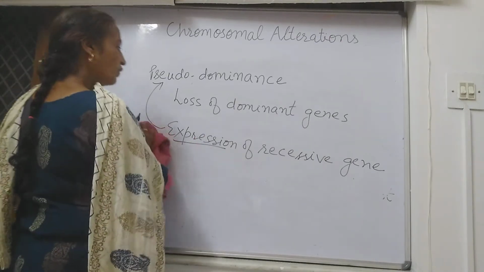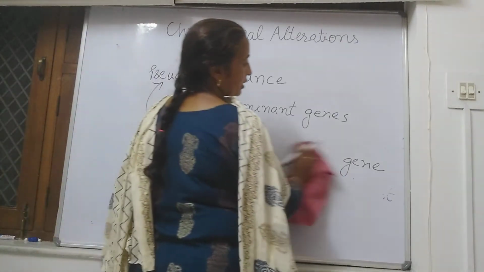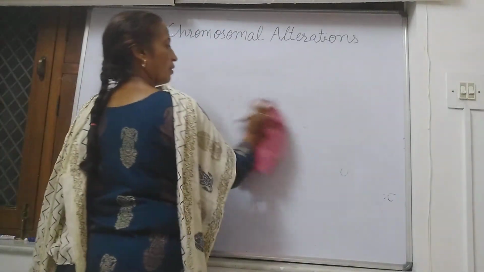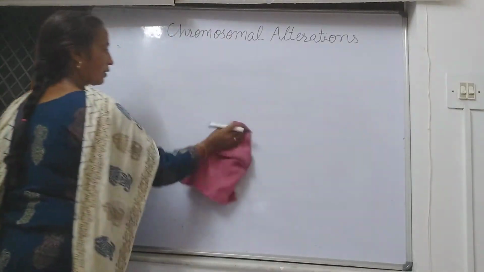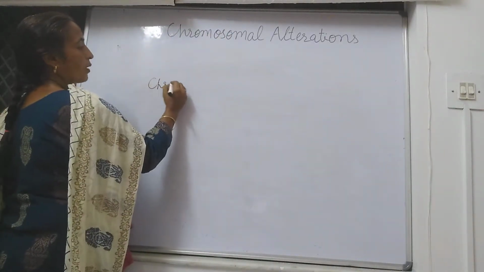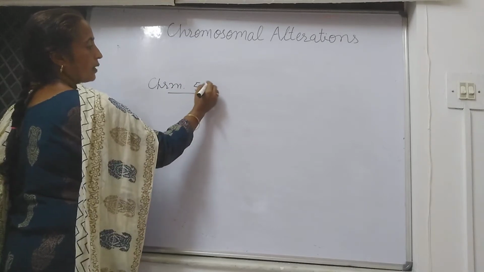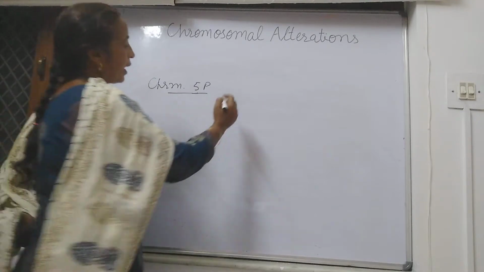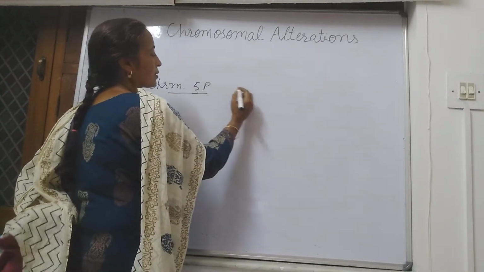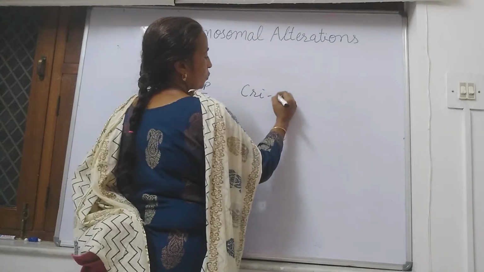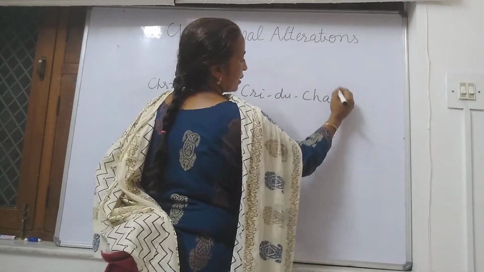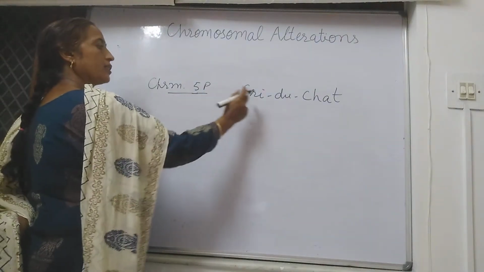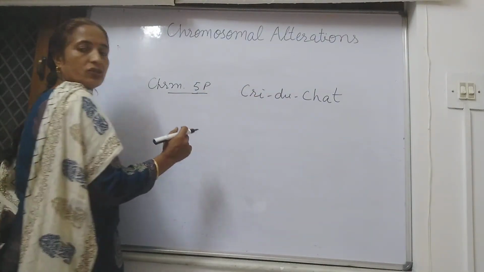So phenotypically, what are the changes occurring? First of all, in human beings, in chromosome number 5, there is a loss of 5p, and due to this, cri du chat disease occurs, and in this case the child cries like a cat.